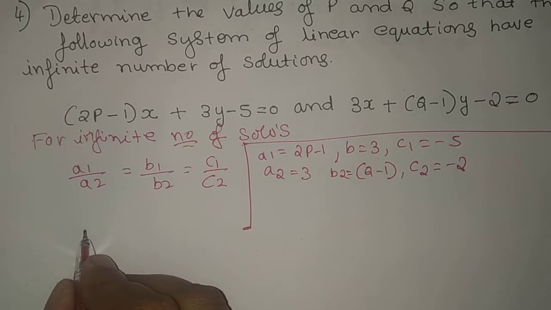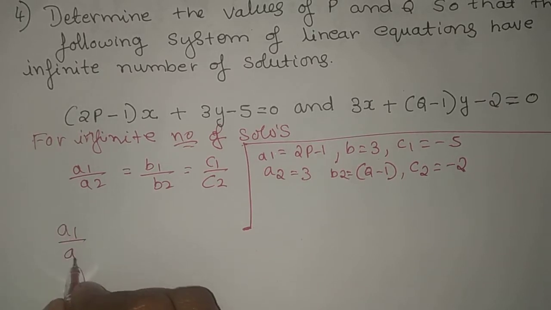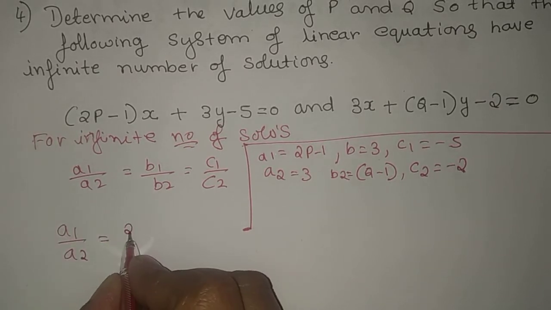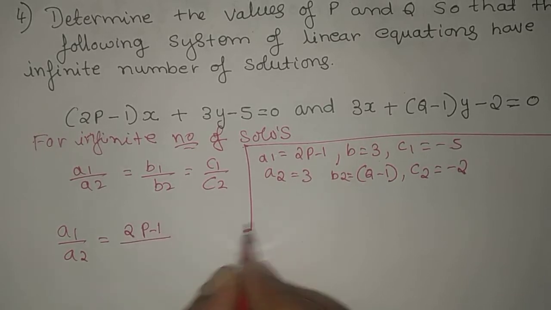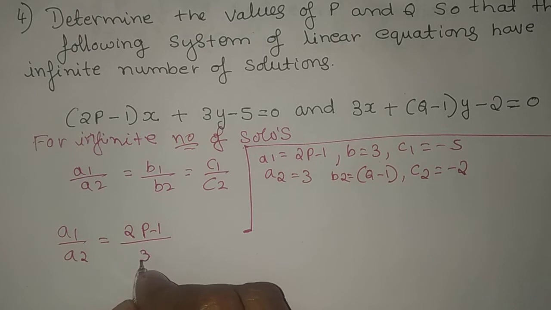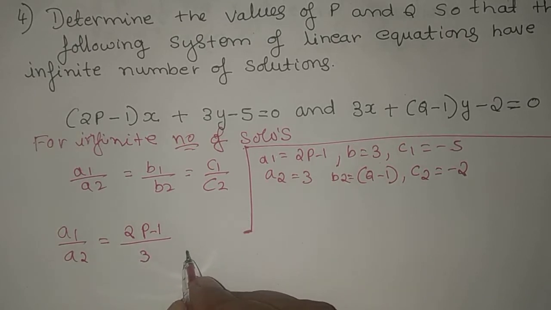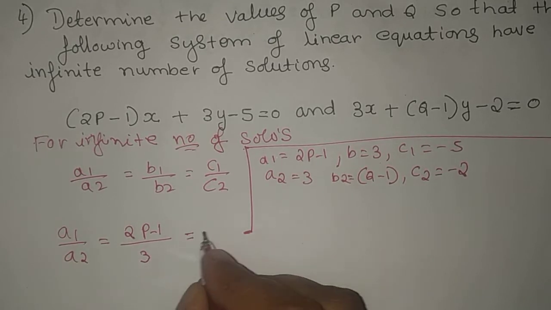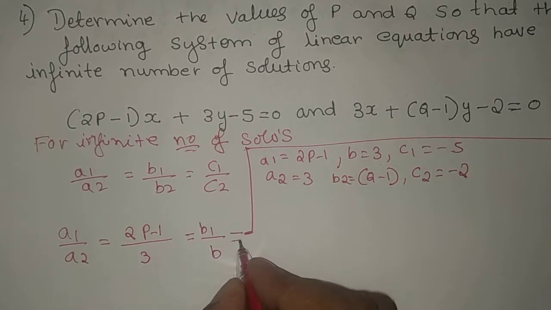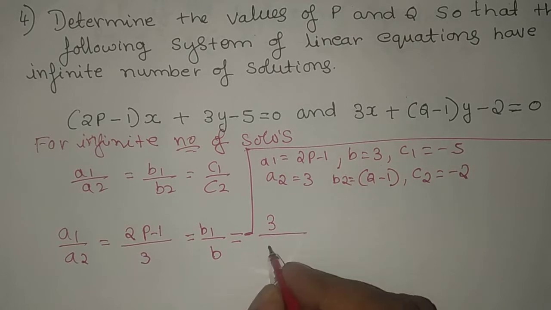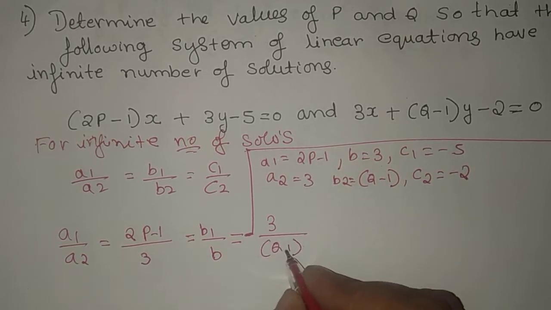First take A1 by A2. A1 by A2 is equal to 2P minus 1 by 3. Therefore next is B1 by B2. B1 by B2 I'll write like this. What is B1? 3 by Q minus 1.